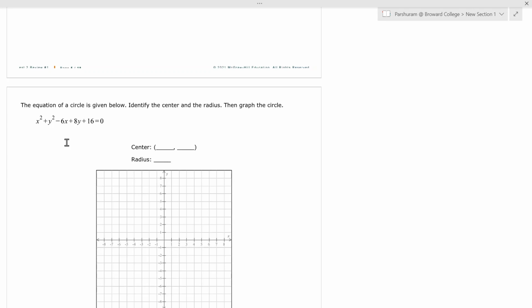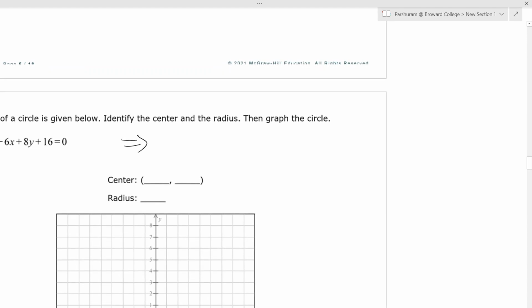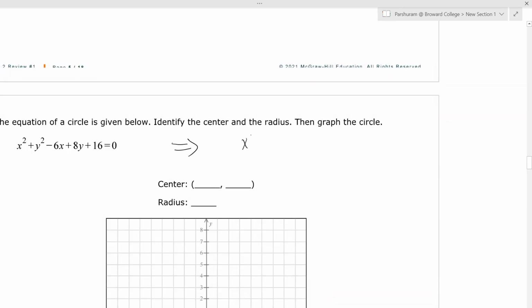For that, you just write the x terms together, in this case x² - 6x, and the y terms together, which is y² + 8y. And you bring the constant to the right side, that means by subtracting 16, we keep this -16 on the right side.